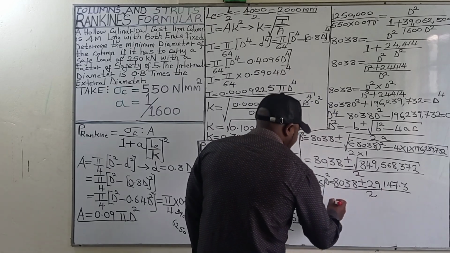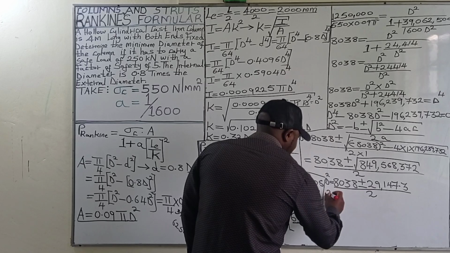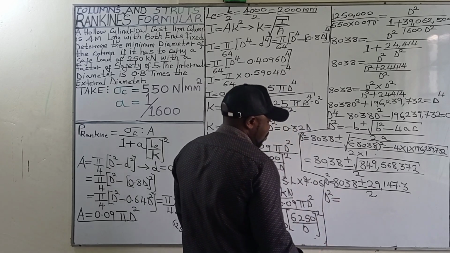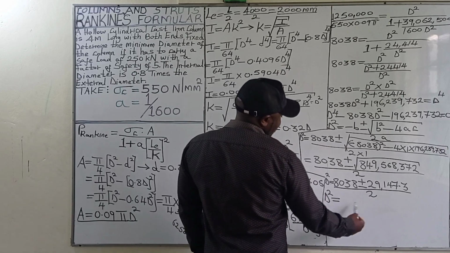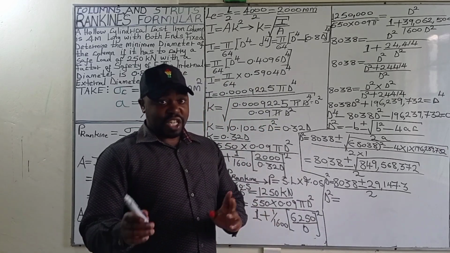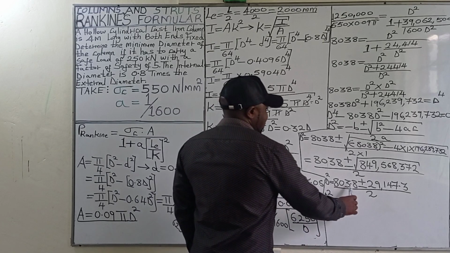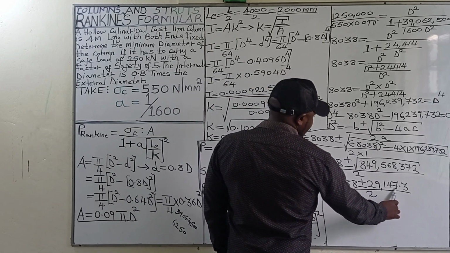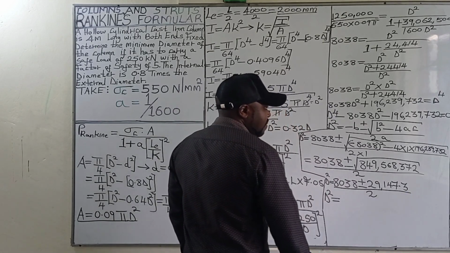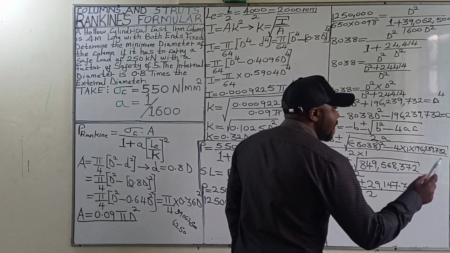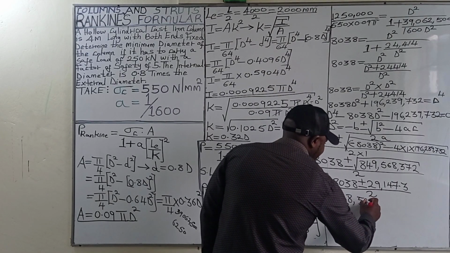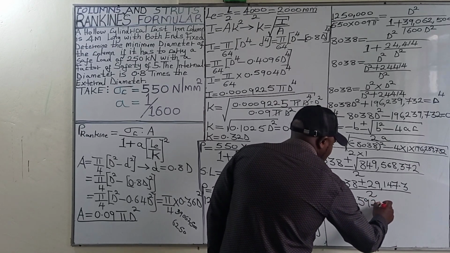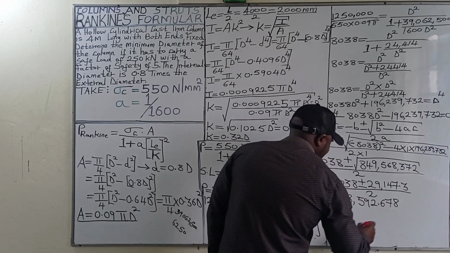So what we are going to have is d squared being equal to 8038 plus, since minus will not apply, we are going to get a negative diameter, 8038 plus 29,147.3, that is going to be 18,592.678.